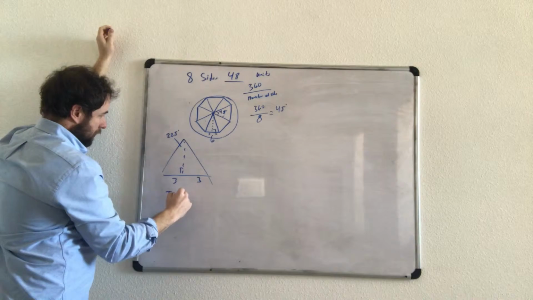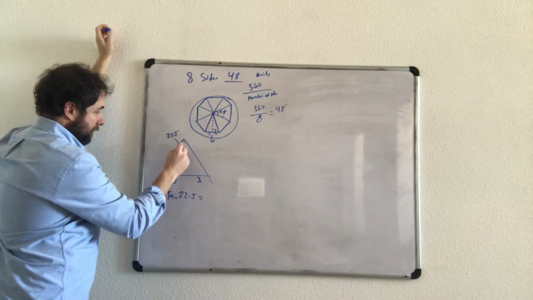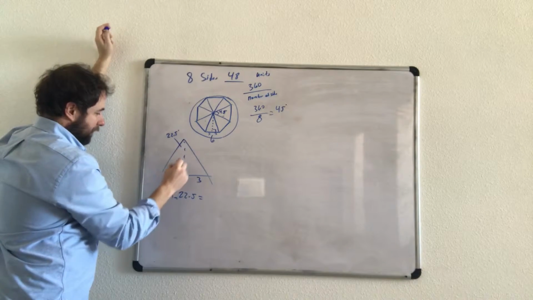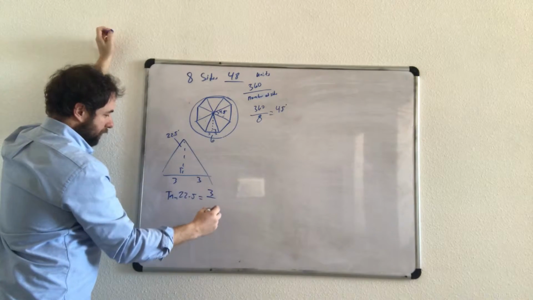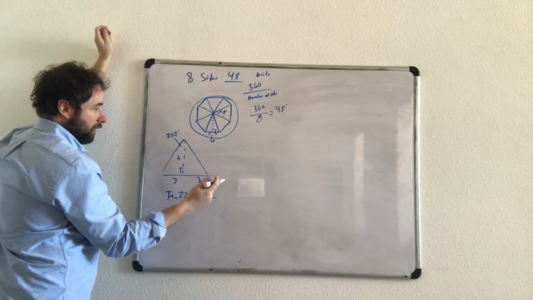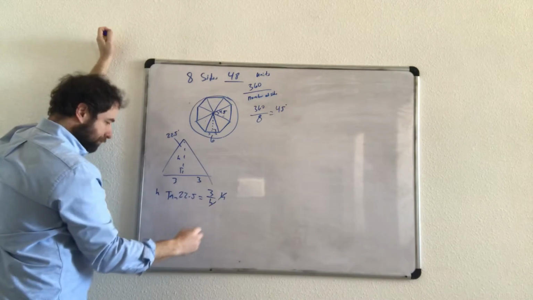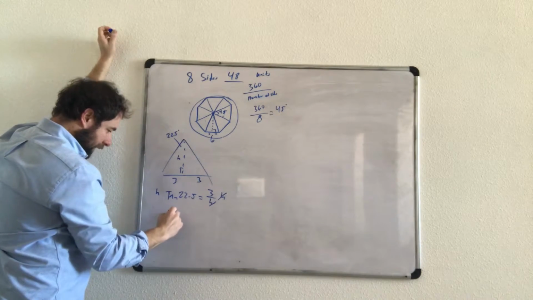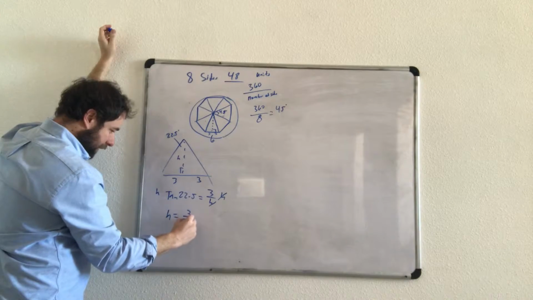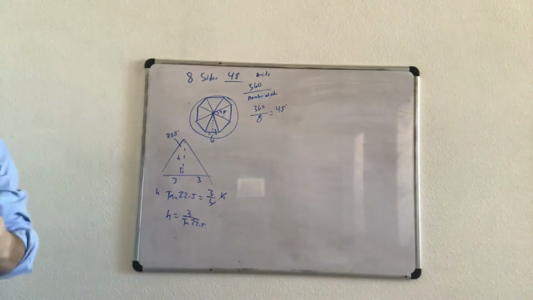So we use tan of 22.5, which from this angle is opposite over adjacent, so 3 over h, because we need the height in order to do base times height, and then we can find everything that we need. Multiply both sides times h, and we get h equals 3 divided by tan 22.5. We'll put that in our calculator in order to find the height.